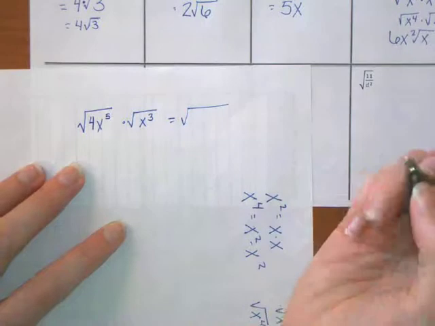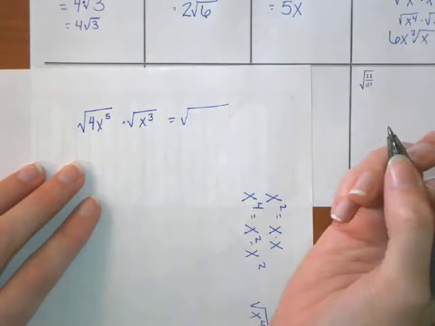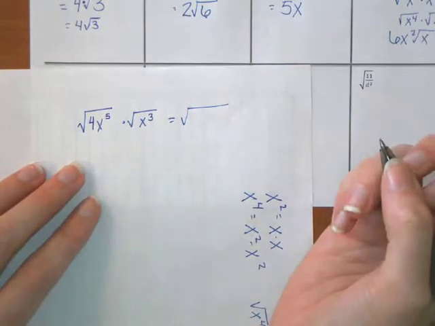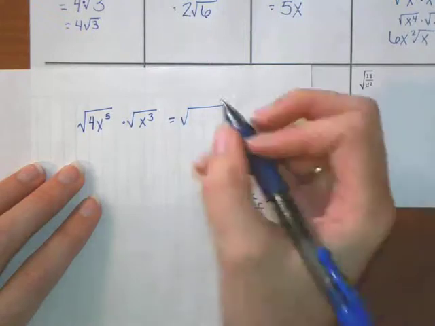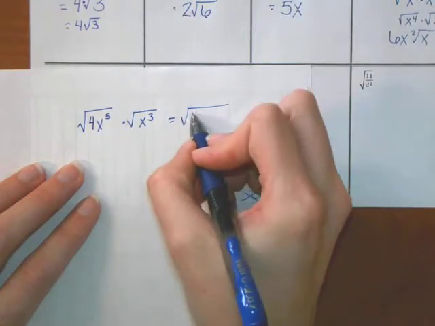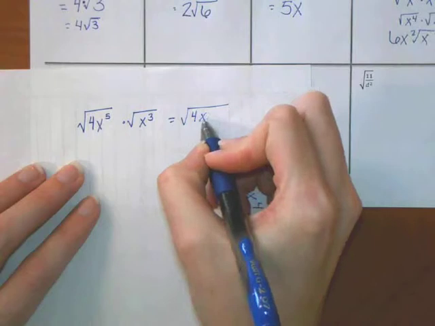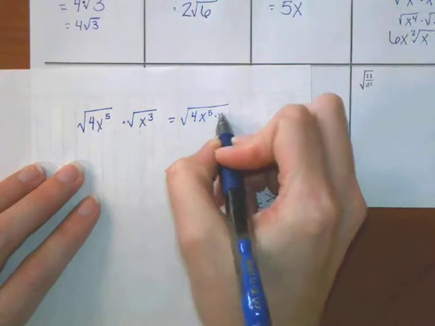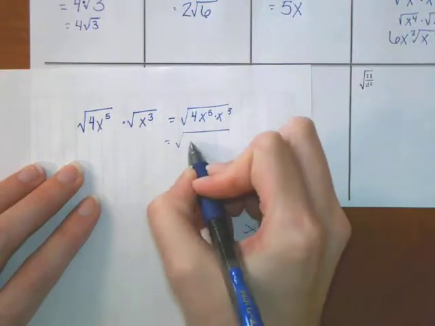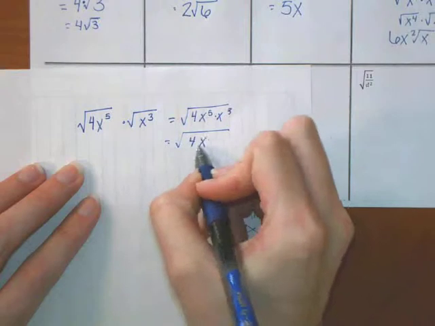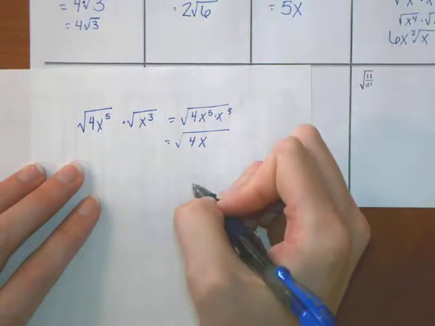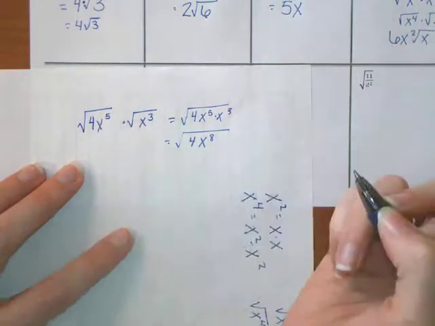So how would I write this if I move these all together? 4x to the fifth times x. And what is that? 4 times x to the what? To the 8th. And now I want to break this up.